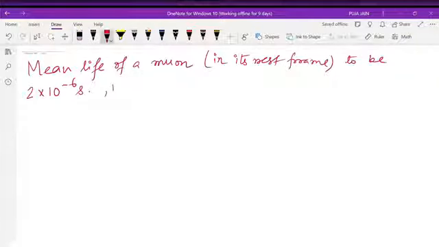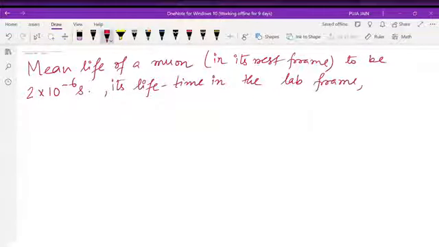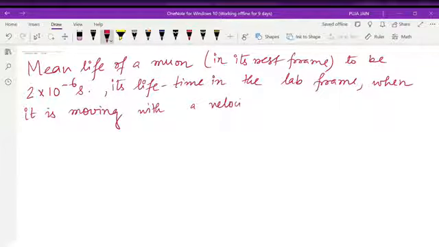Its lifetime in the lab frame, when it is moving with a velocity of 0.95 c, is?